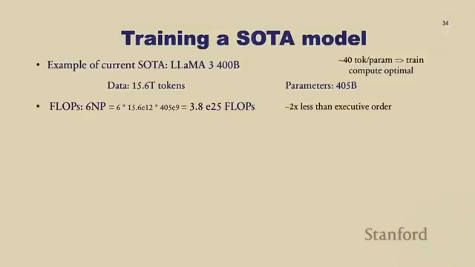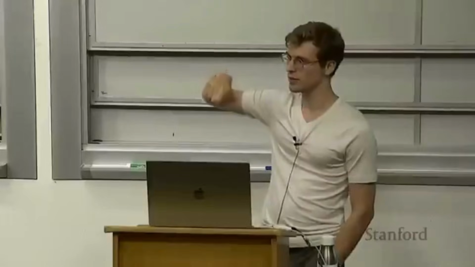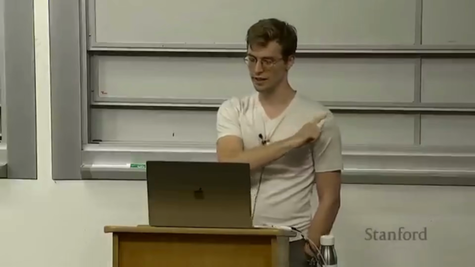So they went 2x less than that. They really went right below this to not have special scrutiny. I might be off by a little bit, but it's definitely under the 1e26. So P is parameters, N is data, number of tokens. This is just an approximation.